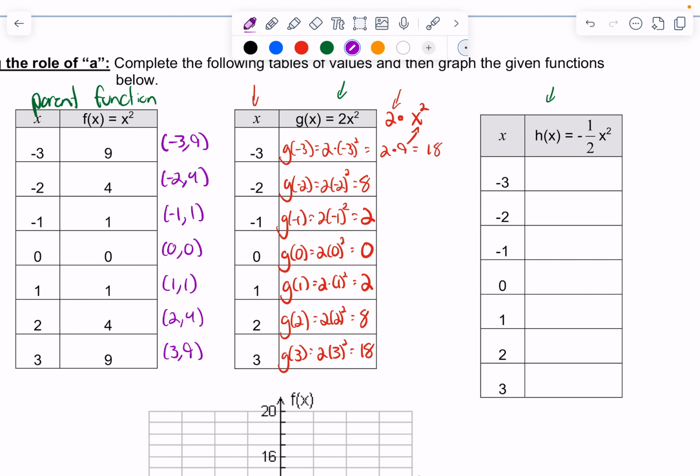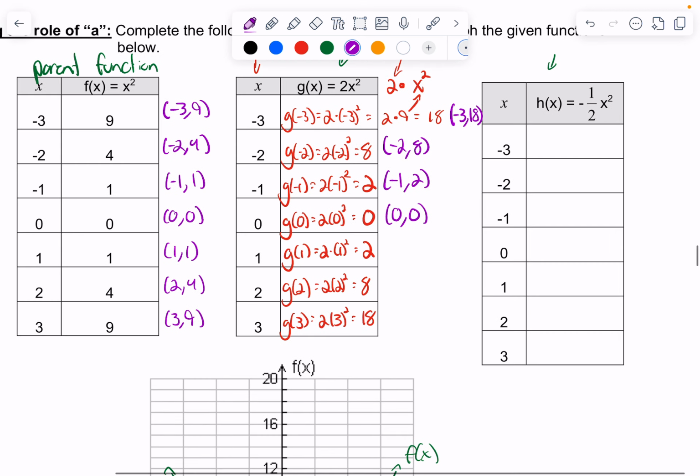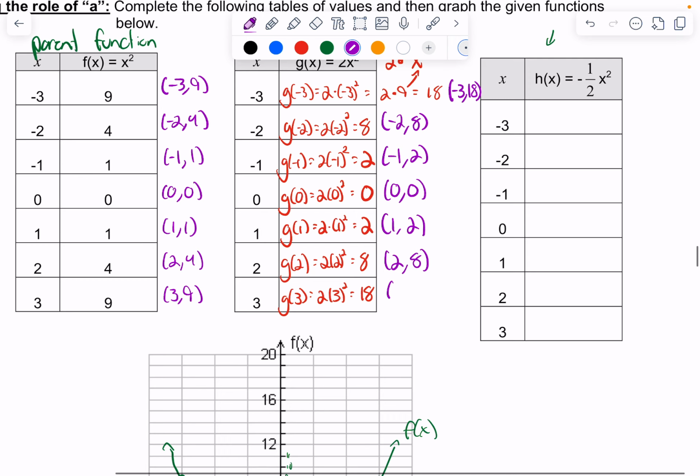So let's write our ordered pairs again. We're evaluating at -3 on the x, and we calculated it to be 18 on the y. Then -2 on the x, 8 on the y; -1 on the x, 2 on the y; 0 on the x, 0 on the y; 1 on the x, 2 on the y; 2 on the x, 8 on the y; 3 on the x, 18.